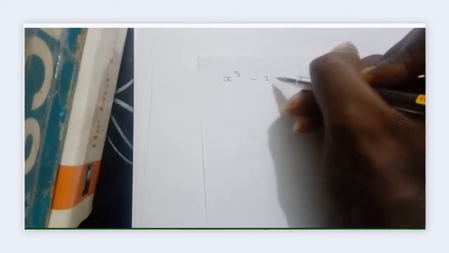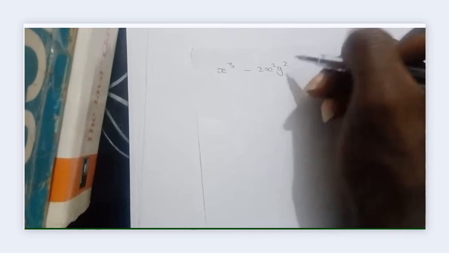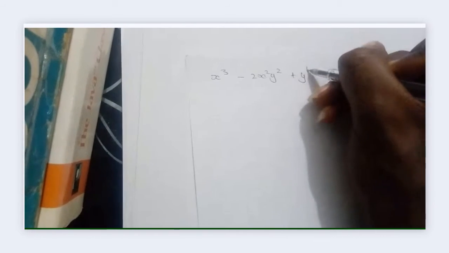So for the last one, the last one says that we have 3x cubed minus 2x squared y squared plus y raised power 4 equals to 0.